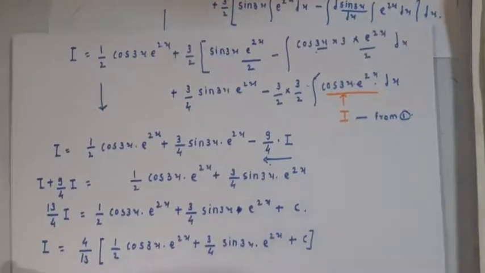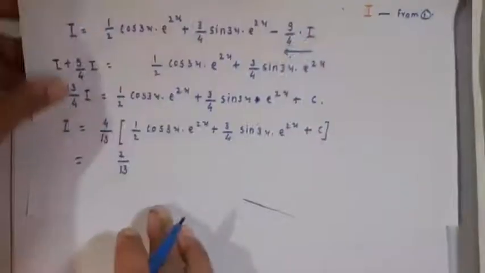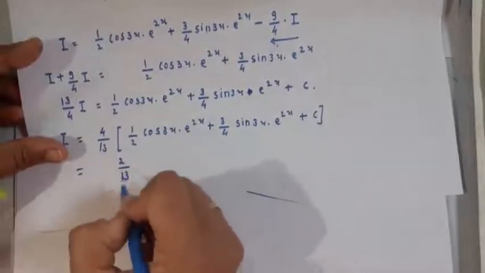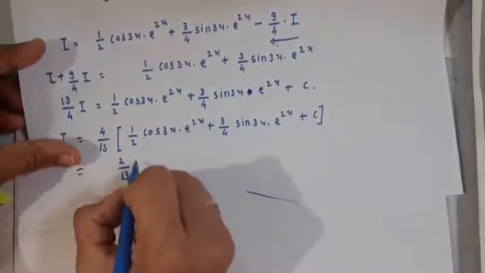Okay, and this is, that is 4 by 13 into, divided by 1 by 4, this is 2 by 13 cos of 3x, we can common out e raised to 2x also.